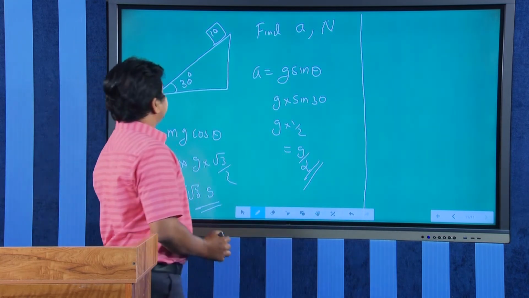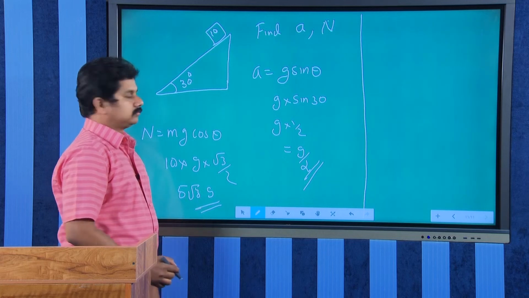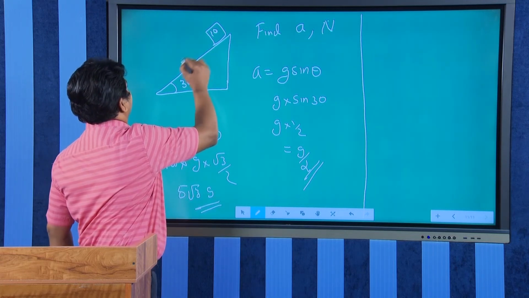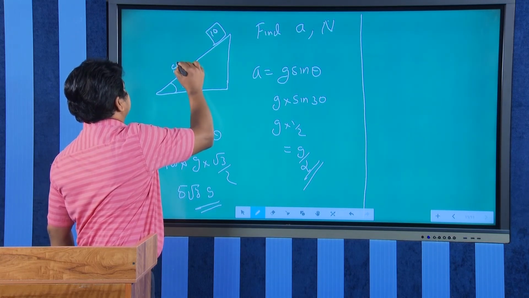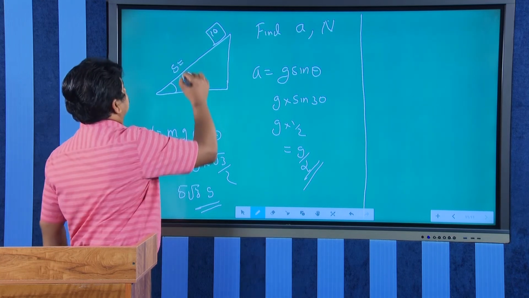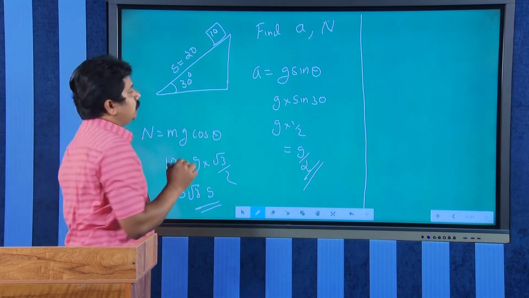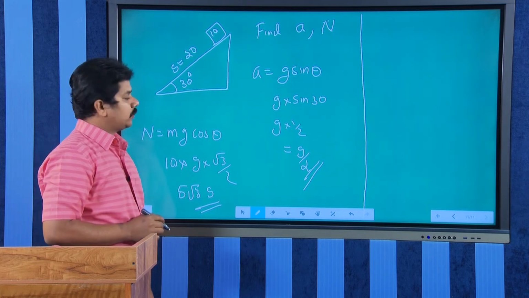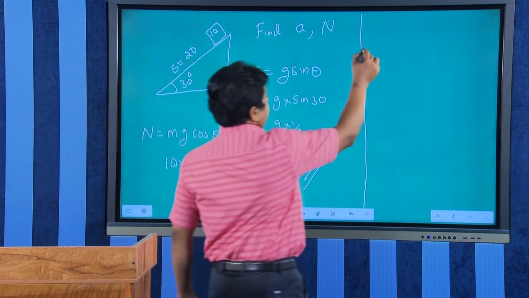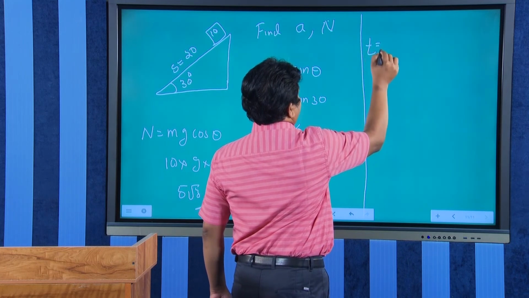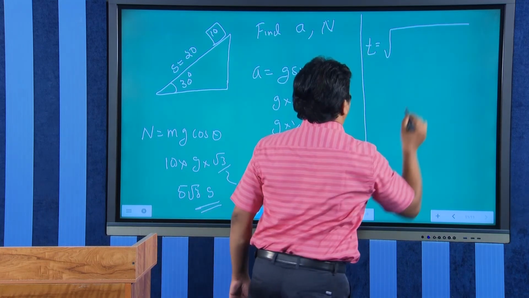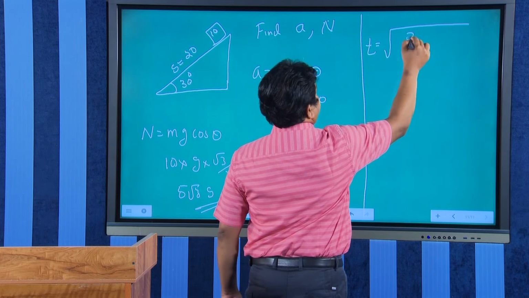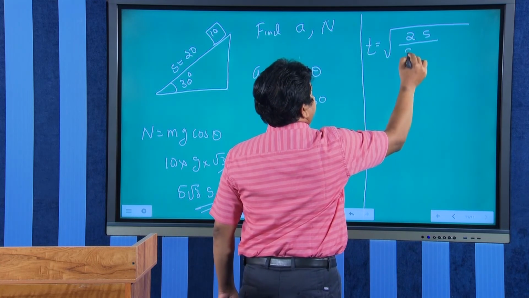Let us find the time taken to reach the bottom. Assume that the length of the plane is s equal to 20 meter. Now, what will be the time taken to reach the bottom? The expression is t equal to root of 2 s by g sin theta.